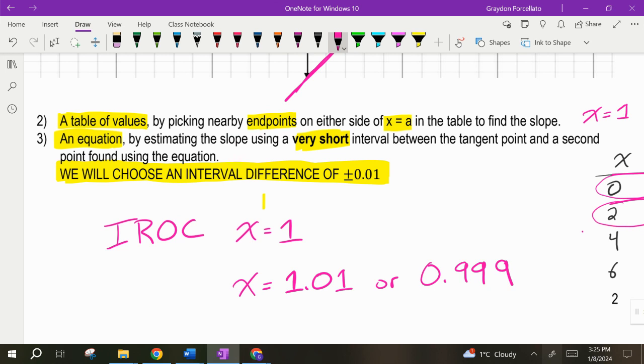That's how we're going to estimate the instantaneous rate of change. So we'll look at a specific example here.